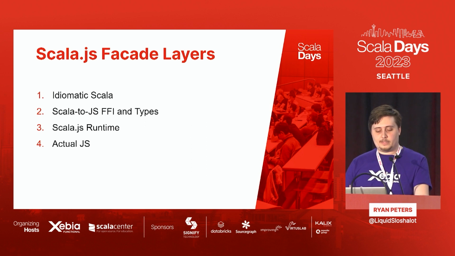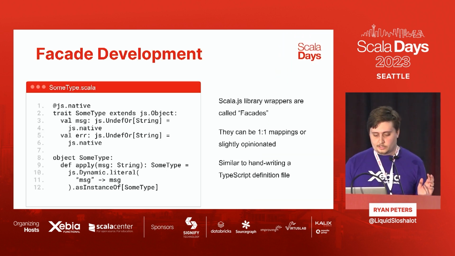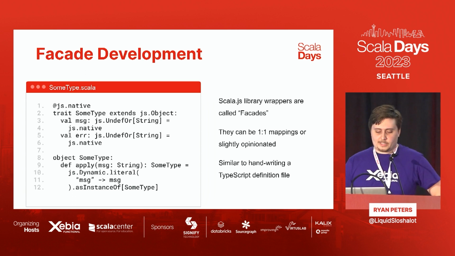A good facade can just get the job done with a basic wrapper, but a really good one translates into something that makes you feel at home. It lets you write Scala and think in Scala terms, and not need to mentally translate JavaScript-isms into various things.